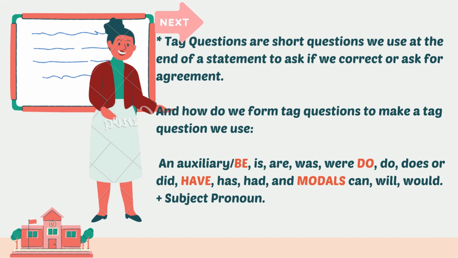For the auxiliary have, we have has, had, and finally we have modals. We can use can, will, would, plus subject pronouns. Okay? Basically, those are be, do, have, and modals like can, will.